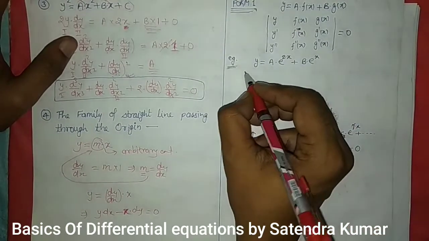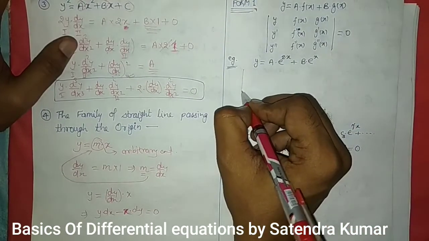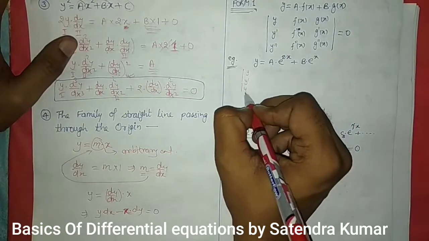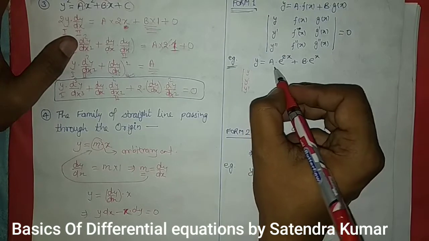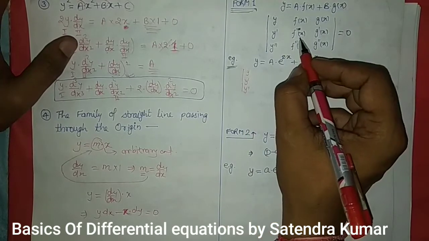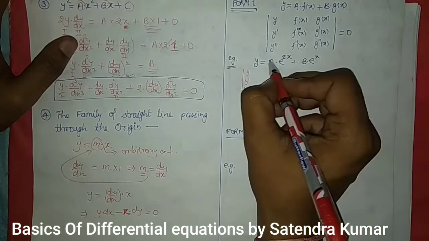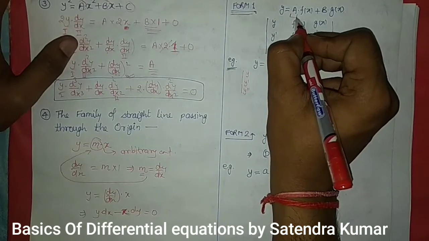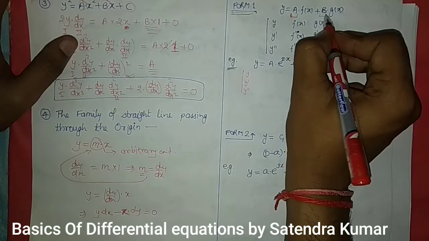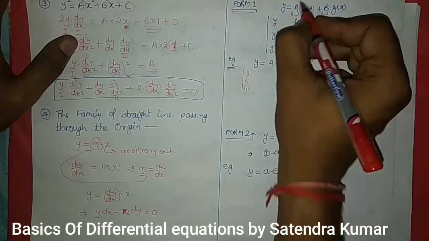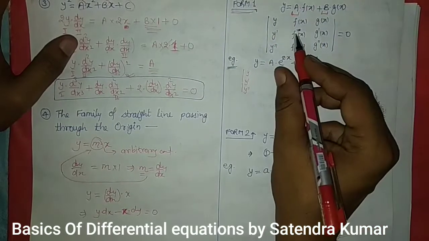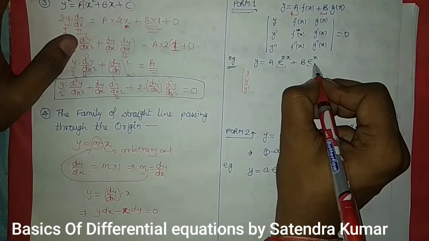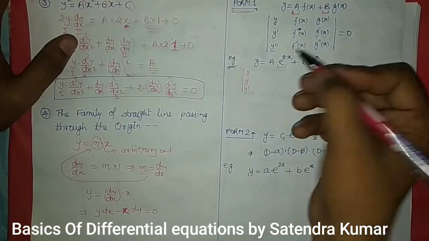So take the first example of this type. Here we fill this determinant with y, y prime, y double prime. The arbitrary constants do not come into the determinant, so only f(x) and g(x) are taken; forget a and b.